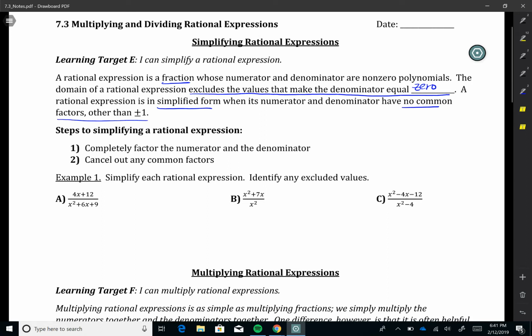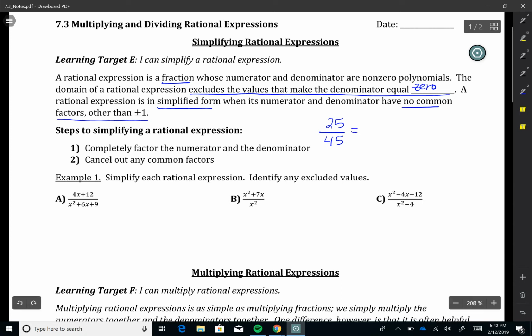Before I move on to actually simplifying rational expressions, I'm going to simplify a fraction, just numbers. So let's say I have 25 over 45. We can definitely reduce this fraction, and the reason we know this is because these two numbers have a common factor of 5.